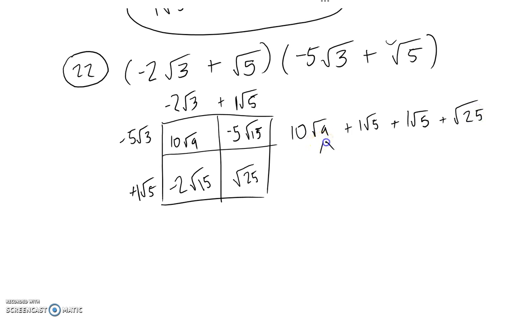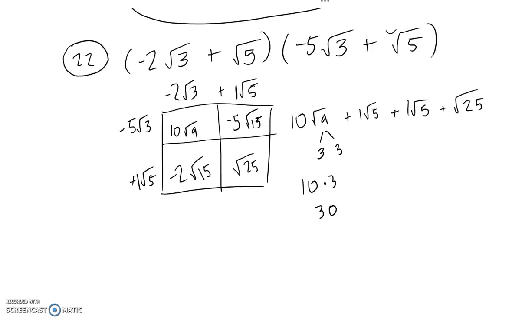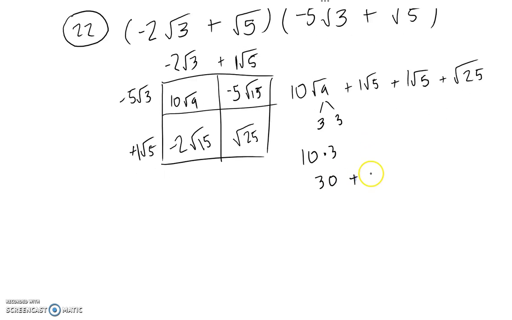Now, I know that 9 breaks down into 3 and 3. Hopefully you know in your head that the square root of 9 is 3. But this is going to reduce to 10 times 3, which is just 30. Nothing left on the inside of the radical. Plus 1 square root of 5, plus 1 square root of 5, plus square root of 25.